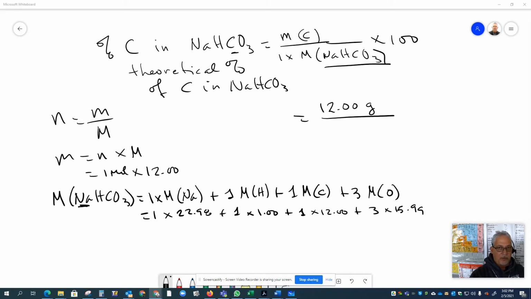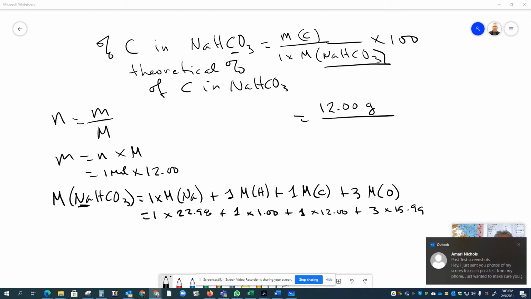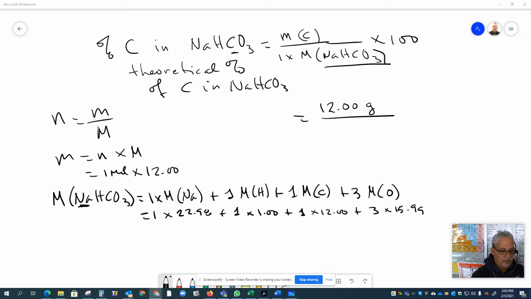Actually, let me do the calculation on the side. Based on my calculation here, that will be 84.00 grams per mole. I'm going to use only 2 decimal places. So that will be the value that I will place here, 84.00 grams over mole.